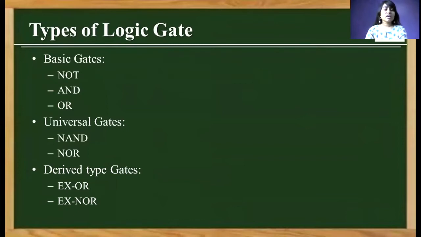These gates are derived from basic gates. Here XOR means exclusive OR, XNOR means exclusive NOR. Here are the various types of logic gates. Let's discuss the characteristics of these logic gates and how they work.